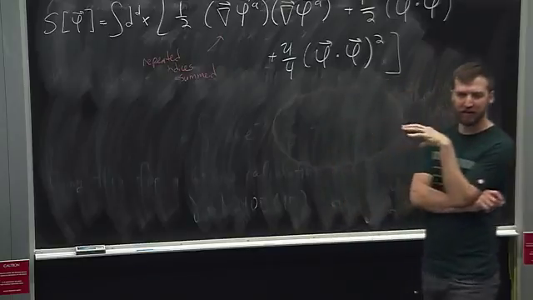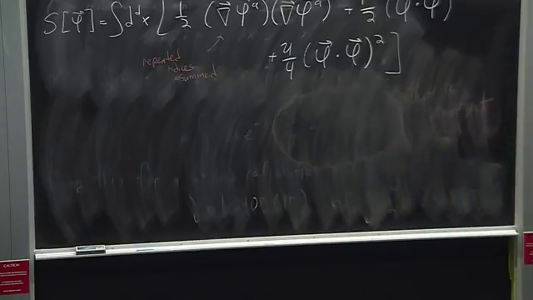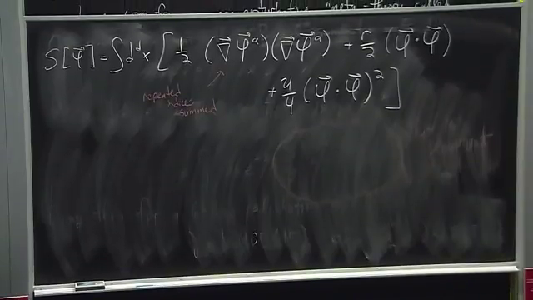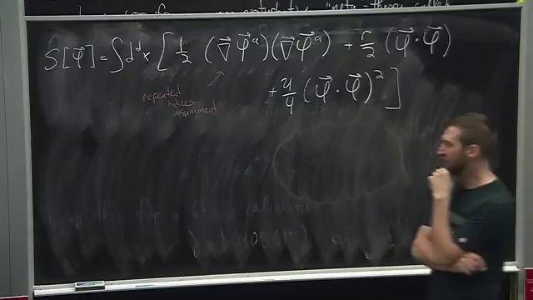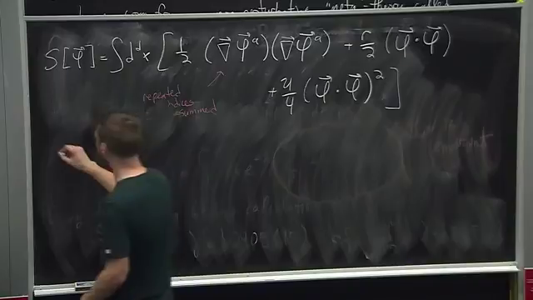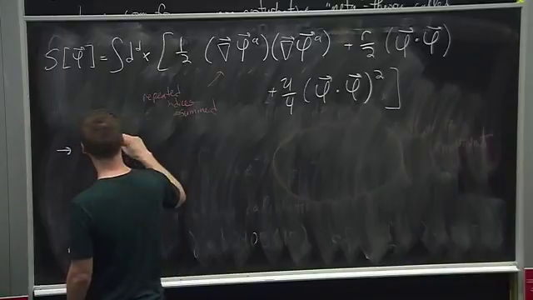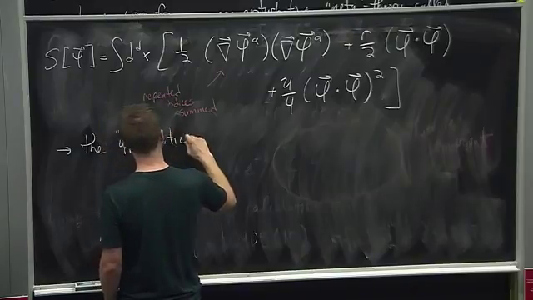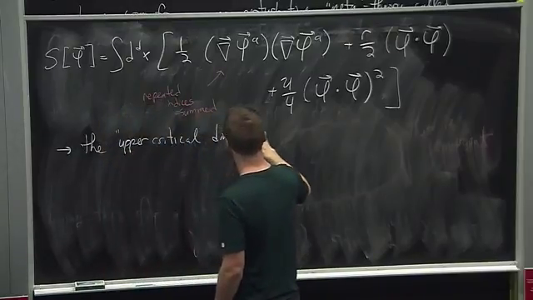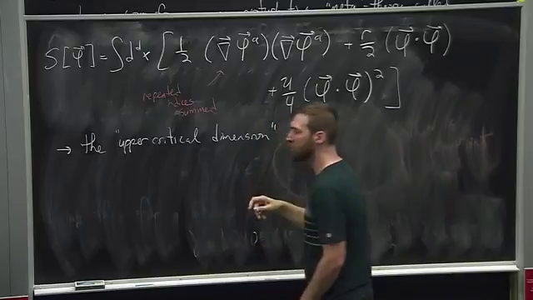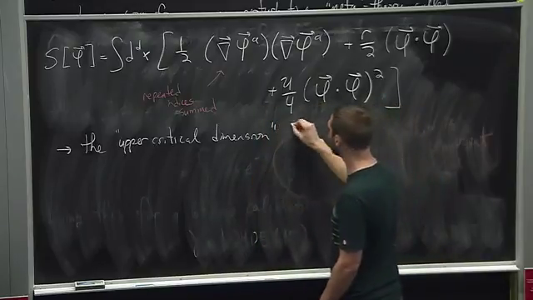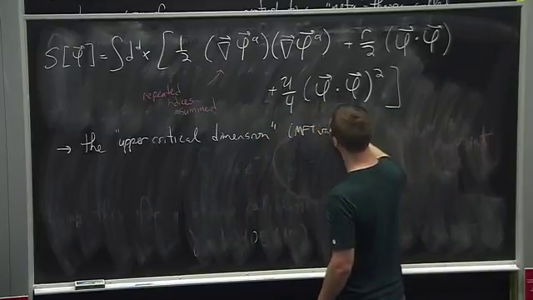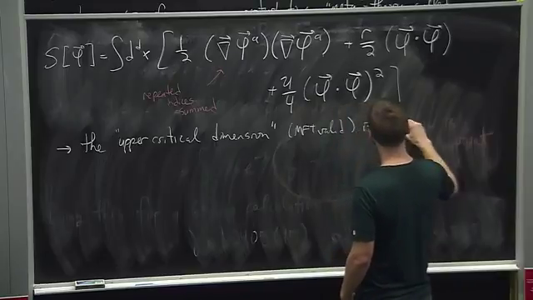So just some features of it. Like the Ising model, when you have these vector spins, you have an upper critical dimension where the mean field theory works or gives you the right exponents. And just like the Ising theory, in this case the upper critical dimension, again where mean field theory is valid, is D equals 4.